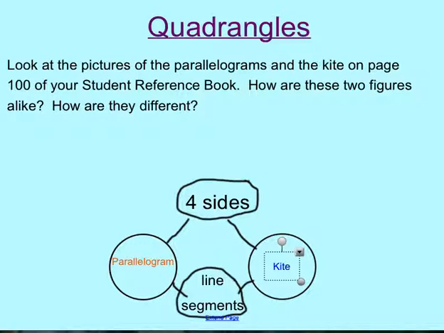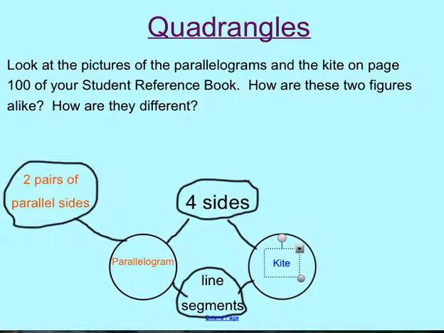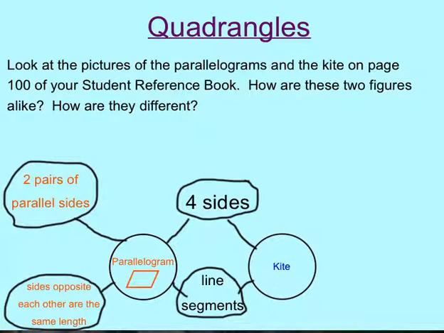But that's where the similarities kind of end, because for parallelograms, there's 2 pairs of parallel sides. Remember socks, 1 pair is 2 socks, so 2 pairs of socks would be 4 socks. So there's 2 pairs of parallel sides with parallelograms, and the sides opposite each other are the same length.